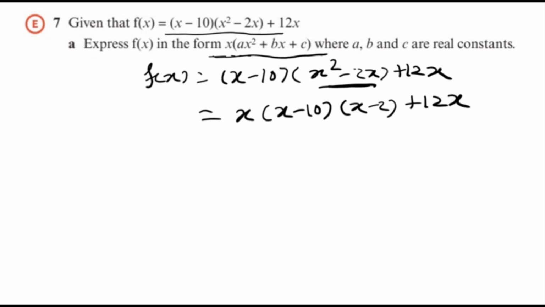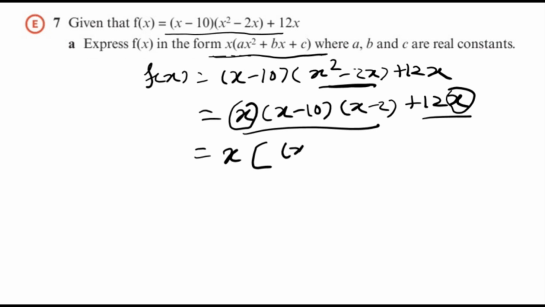So from this bracket I take out x common. Now there are two terms, and I can see x is common in both. So from the whole I can take x common, and I can write x minus 10, x minus 2 plus 12, right? Now for further simplification, we have to expand these two brackets.